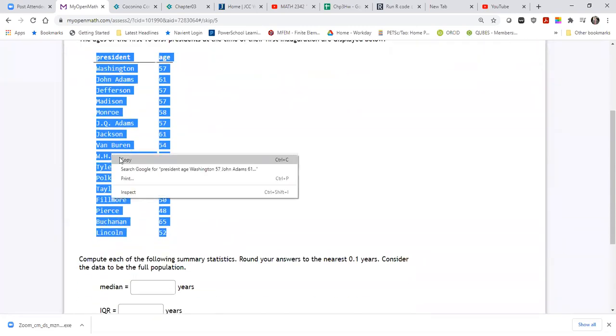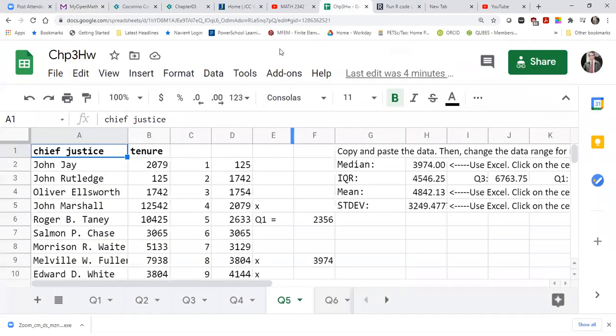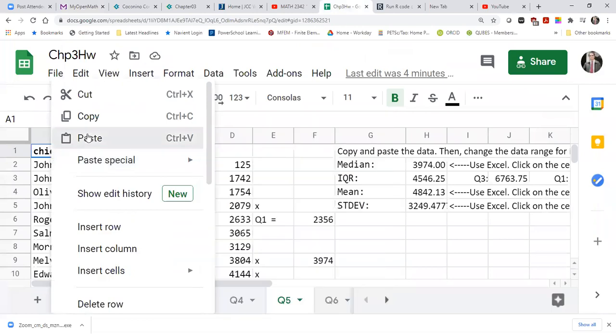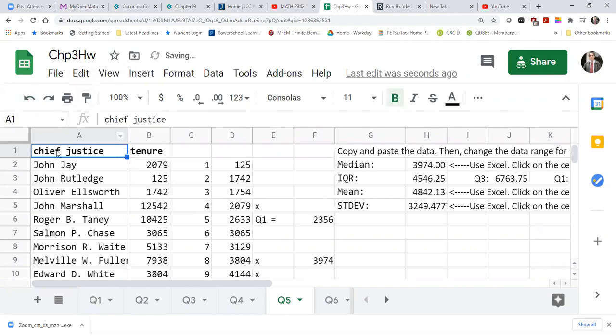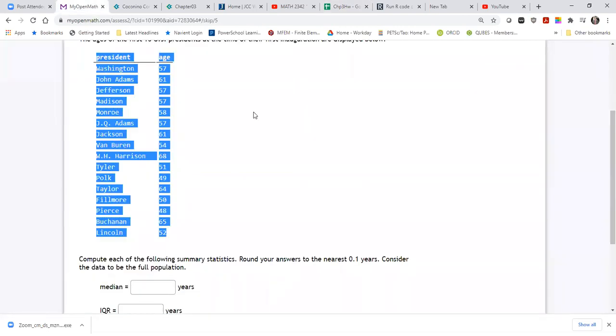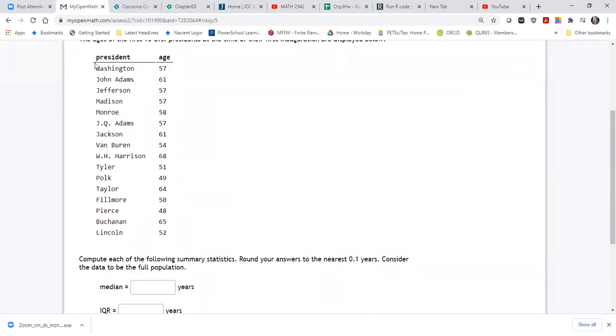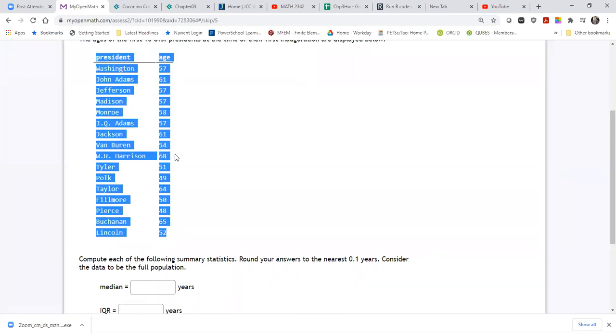Right click and then paste it here. Oh no, it's not copying. Can I copy this one? Okay, you have to cancel it. Yeah, sometimes you can copy, sometimes you cannot copy. Okay? I don't know, maybe you need to copy half of it first.